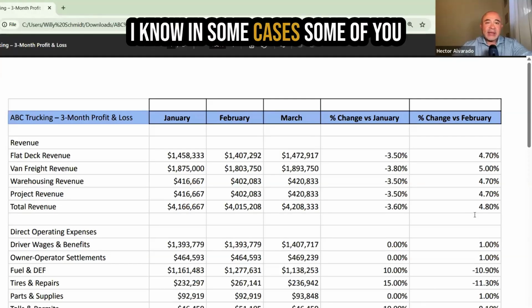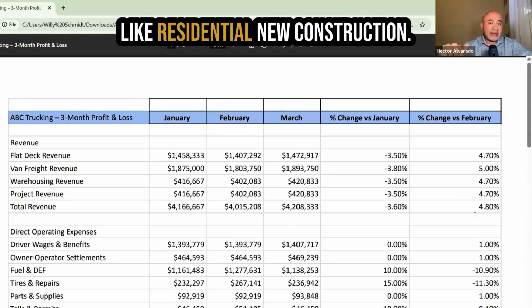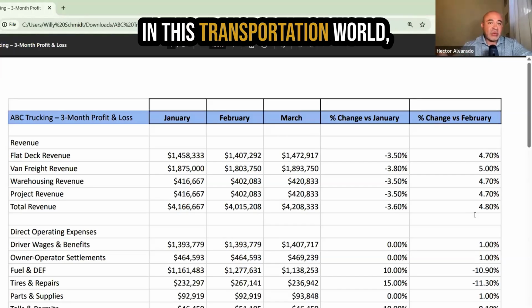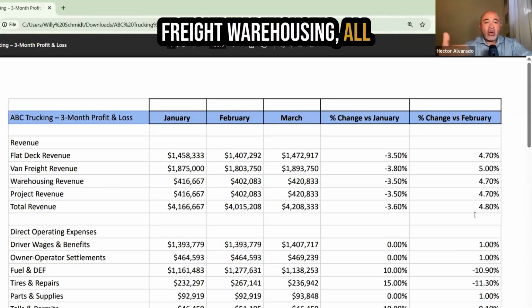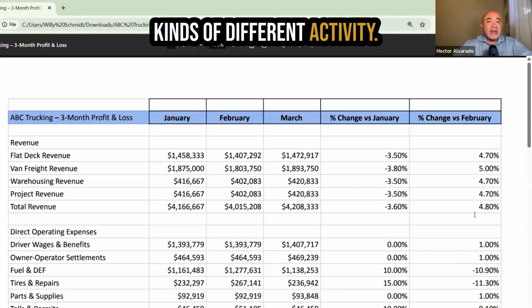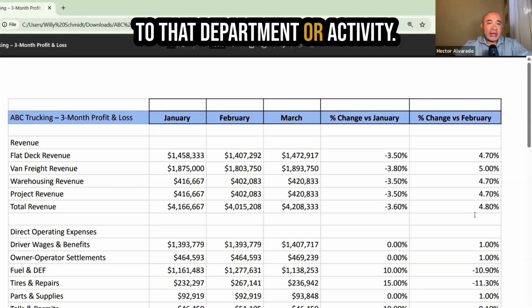I know in some cases, some of you have various other line items like residential, new construction. In this transportation world, we had flat deck, we had van freight, warehousing, all kinds of different activity that has a revenue line attached to that department or activity.